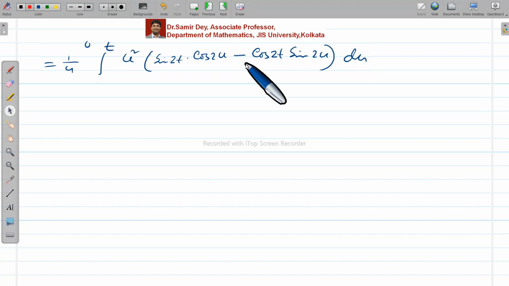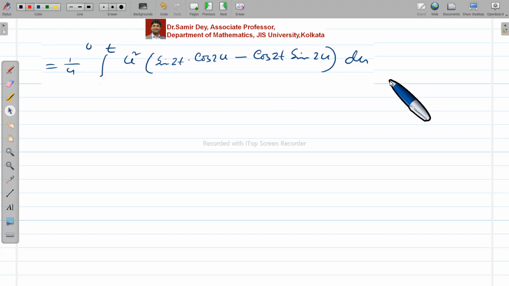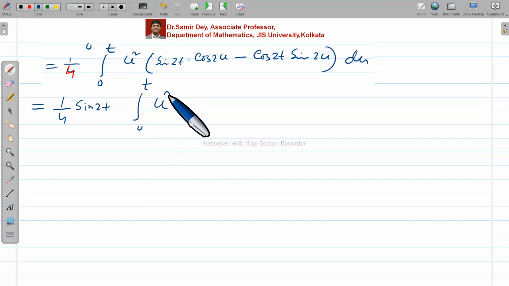Now come to the next calculation. Now try to understand how to separate this. So please try to understand, 1 by 4. Here sine 2t is a constant, you take it outside. Sine 2t is outside, and integral 0 to t of u square cos of 2u du.